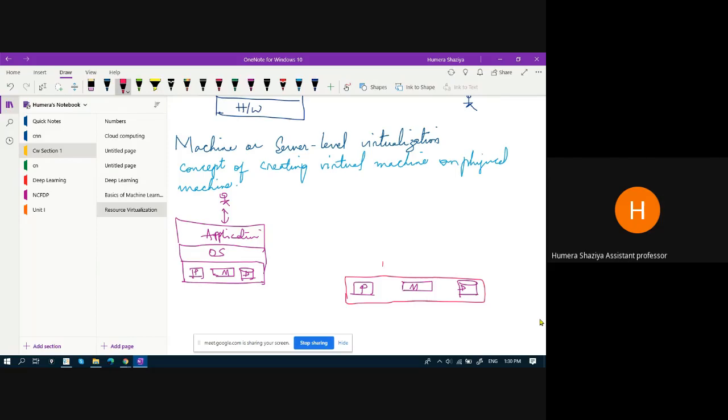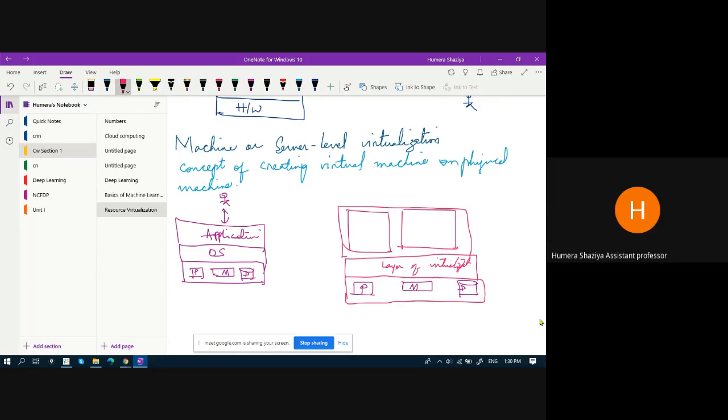Instead, you have a layer of virtualization. In this layer of virtualization, you have machines built. These machines are virtual machines. They are not physical machines. This is machine 1. This is machine 2.